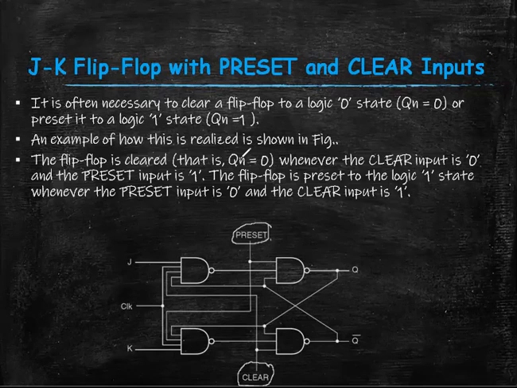For getting Qn equal to 0, the preset must be equal to 1 and the clear must be equal to 0.